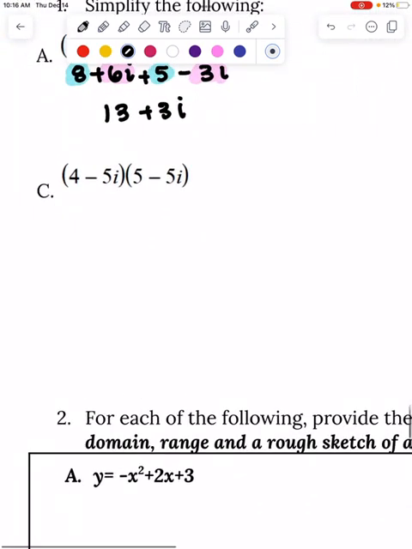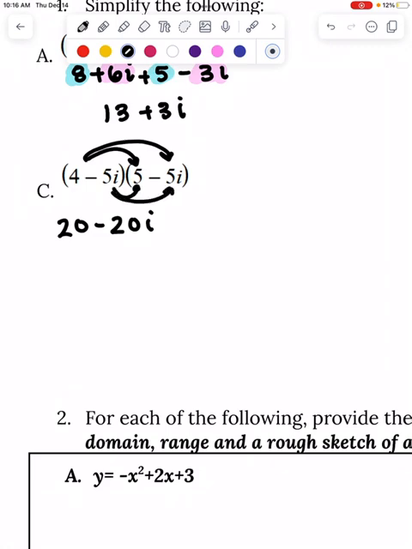Alright, now we got foiling, so multiplying, so make sure you do those. So I got 4 times 5, so 20, minus 20i, and then minus 25i plus 25i squared. I'm just checking my work.